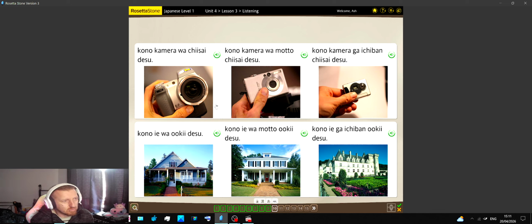Again, we'll go through them. It did that in a really weird order, and I was having to listen out for the initial size and then how much bigger or smaller it was. Which obviously here we've got oki desu, motto oki desu, and ichiban oki desu. It seemed weird that it didn't go in an order up or down.